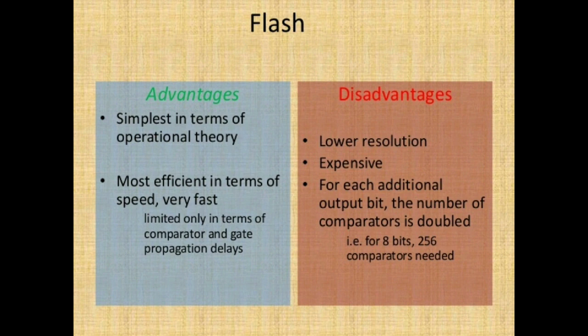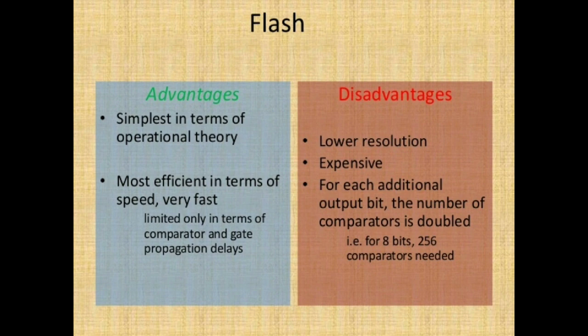For example, for an 8-bit flash ADC, 256 comparators are needed. That is why it is not simple in its construction. These are some of the disadvantages of flash ADC.